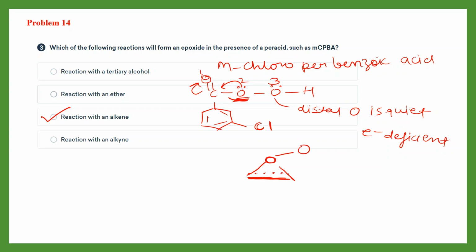And you have this O-C-O. Understood this type of transition state? Let me redraw here. Wait. This is called a butterfly-like transition state.